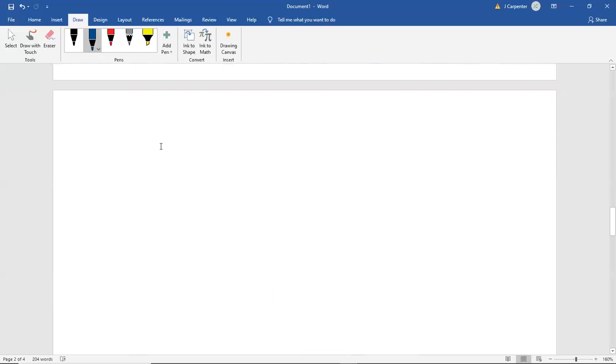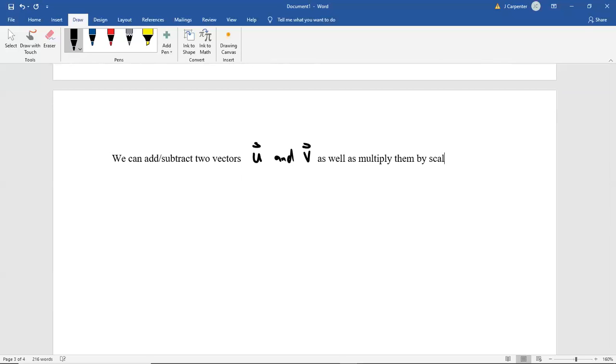All right, so now let's deal with two vectors. We can add or subtract them quite easily. Two vectors, u and v, whether they're bolded or have the arrows, as well as multiply them by scalars quite simply.